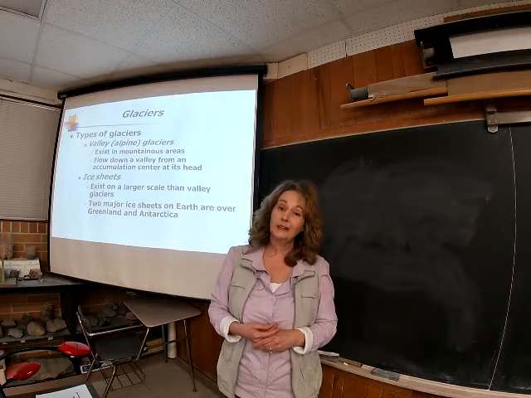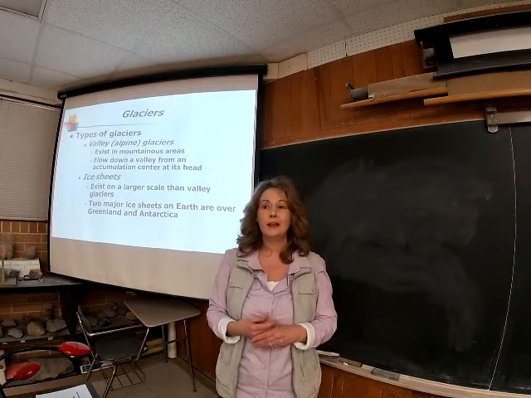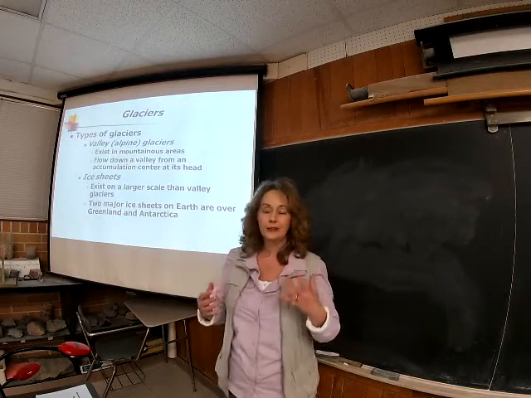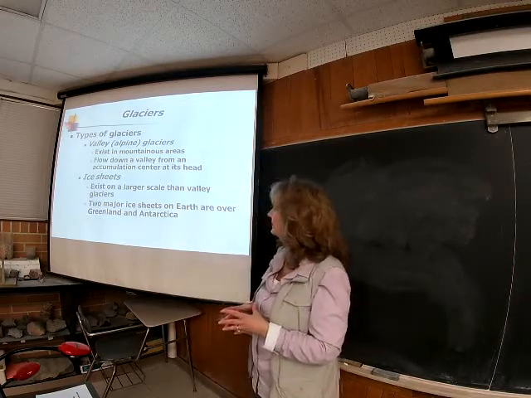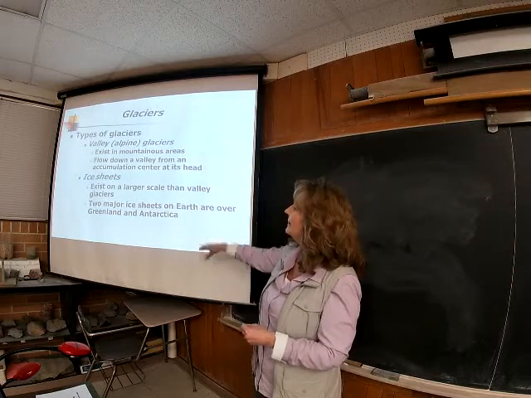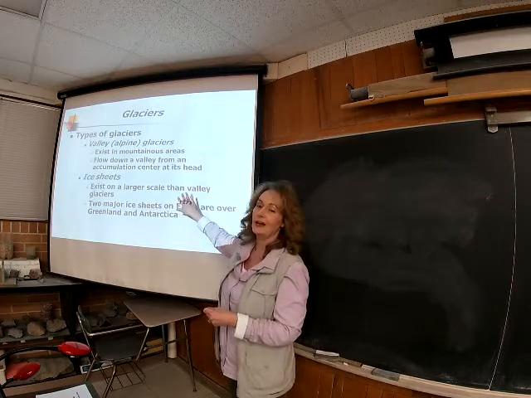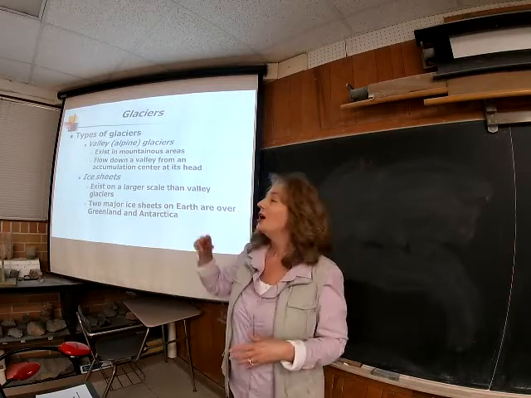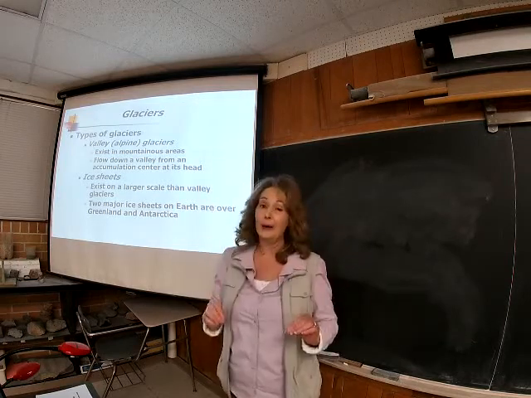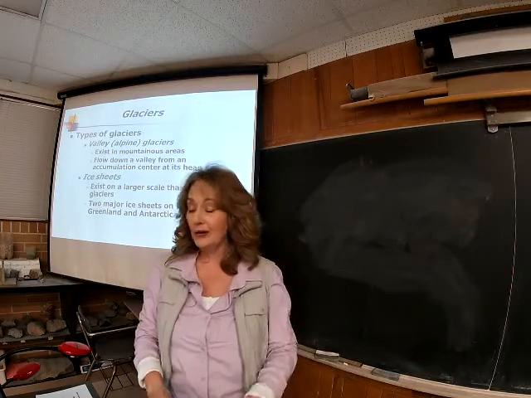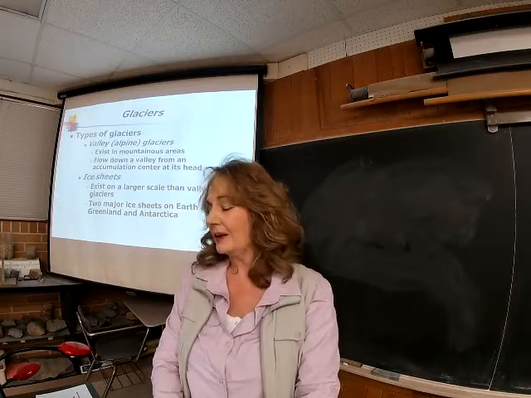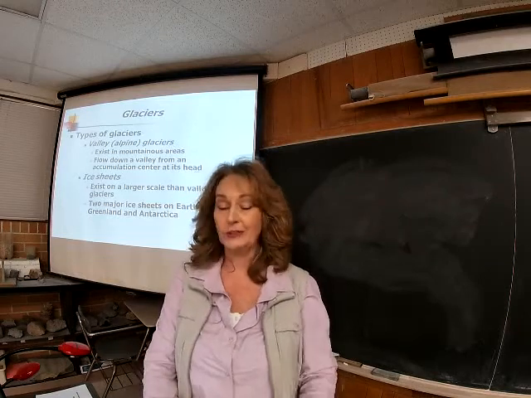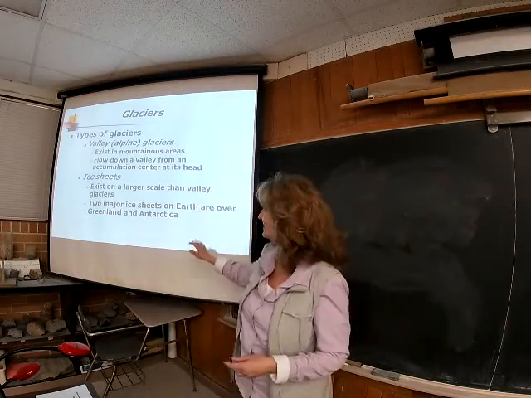Now the other type is called an ice sheet, and this is out on more flat-lying continental masses. Sometimes they call them continental ice sheets or glaciers, but they exist on a larger scale than the valley glaciers. Of these two types, your valley or alpine glaciers are going to be the smaller of the two. And these ice sheets are huge, the largest of which is in Antarctica.